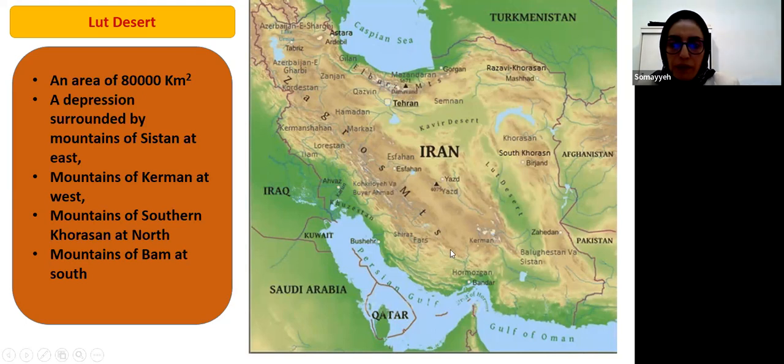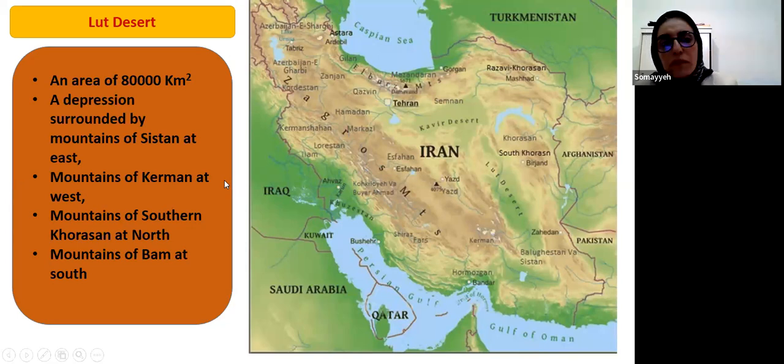In the west, the Kerman Mountains. In the east, the Sistan Mountains, and at south, the Bam and Basman Mountains, and at north, the South Khorasan Mountains, or Birjand Mountains.